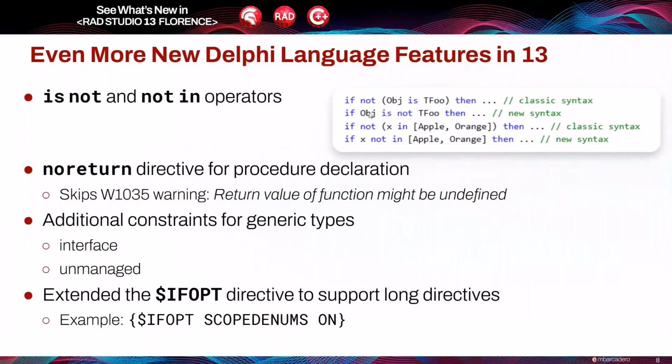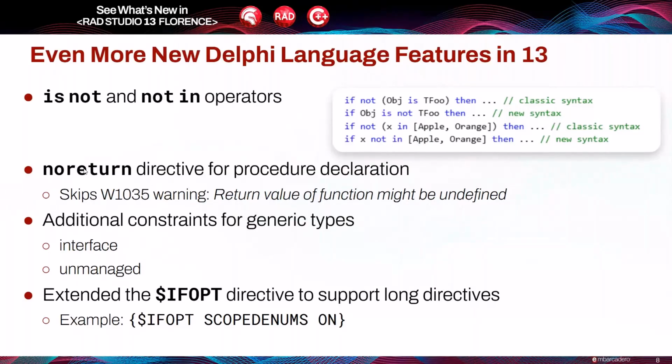So now you can use if object is not TFoo, then whatever. And the same thing is with not in, which for me was the most complex to read. So now you can say if X is not in this array, then whatever. So this is much nicer to read.